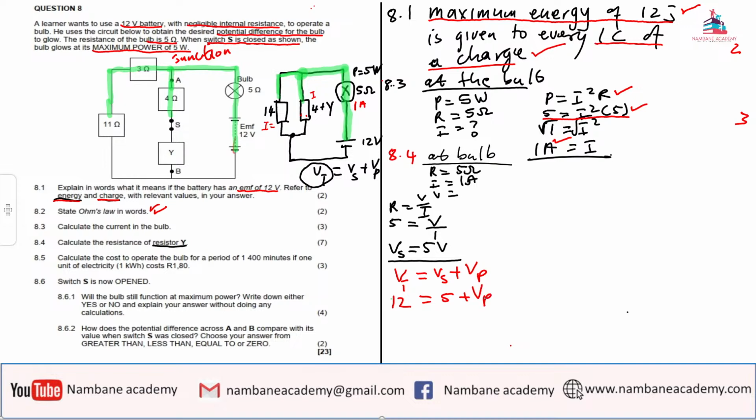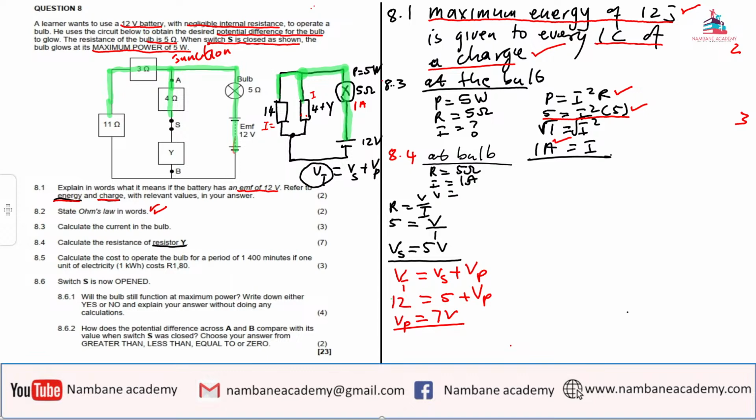I am interested in Vp. Why? Because if I can get Vp, I can calculate the current passing at 14 ohm, and the current passing at 4 plus Y, and by so doing I will be able to get the resistance of Y. If this is done correctly, Vp should be something like 7 volts.